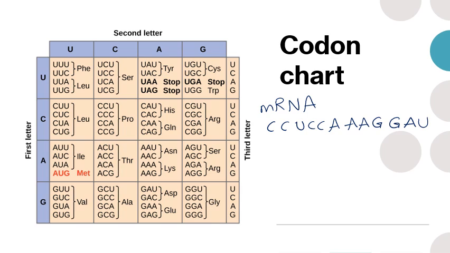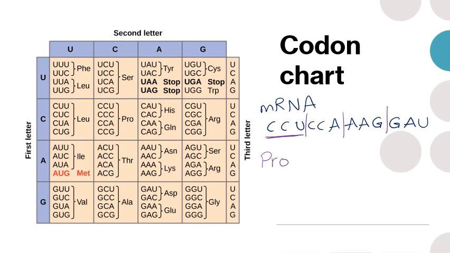We need to first break it into triplets. Then we look at each codon individually. CCU, okay. Our first letter is C. Our second letter is C, so we're going to look into this box here. The amino acid that's brought is pro.